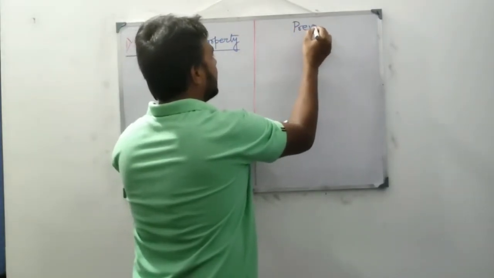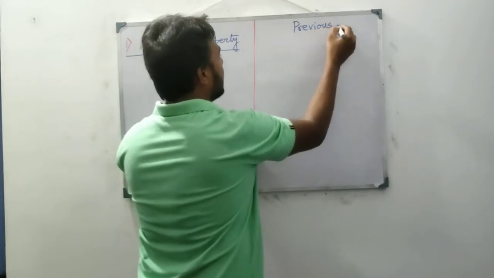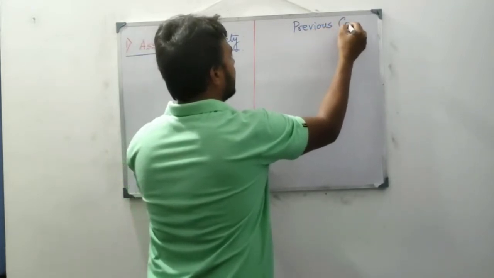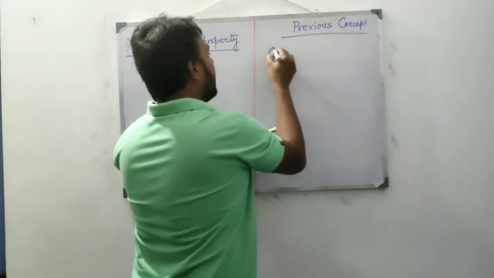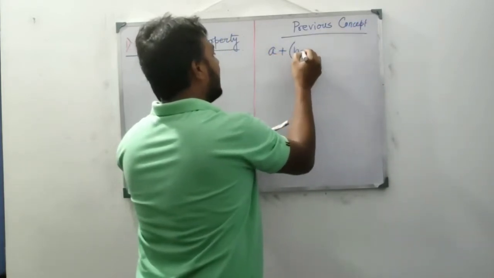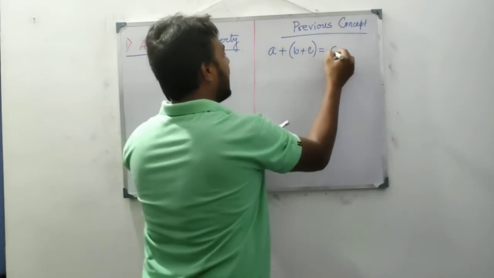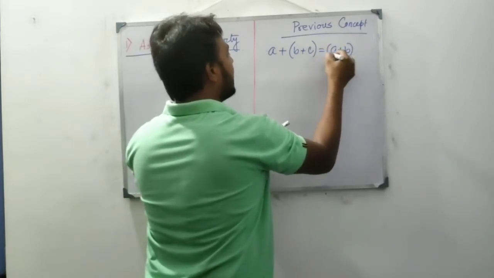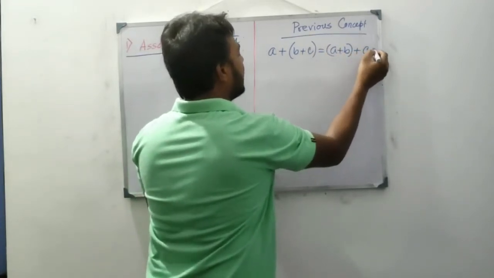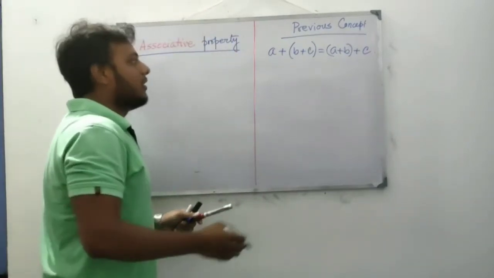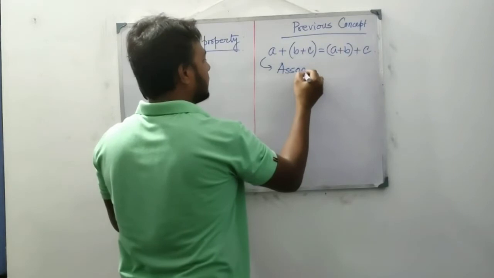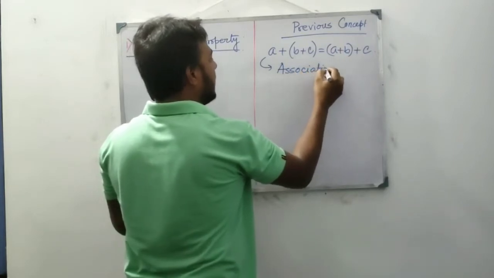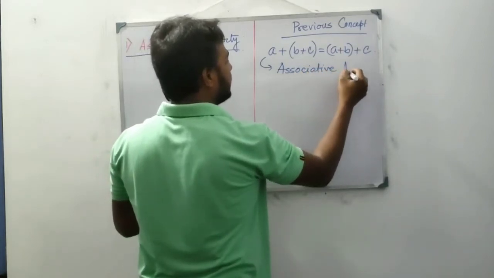The associative property was A plus B plus C can be written as A plus B plus C, where we can add the first two and after that the third one. So this was the associative property for addition.